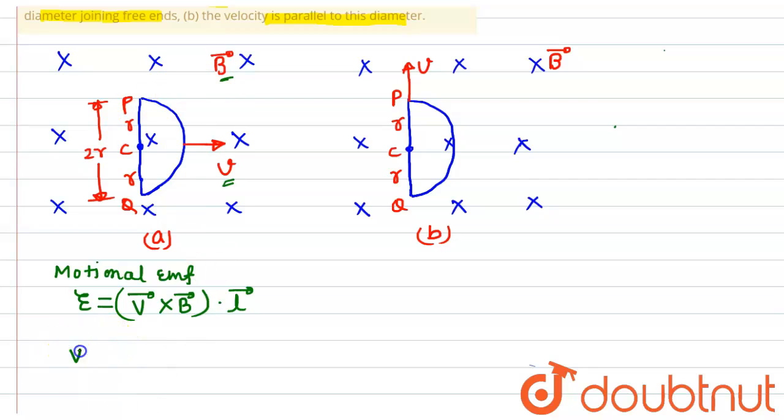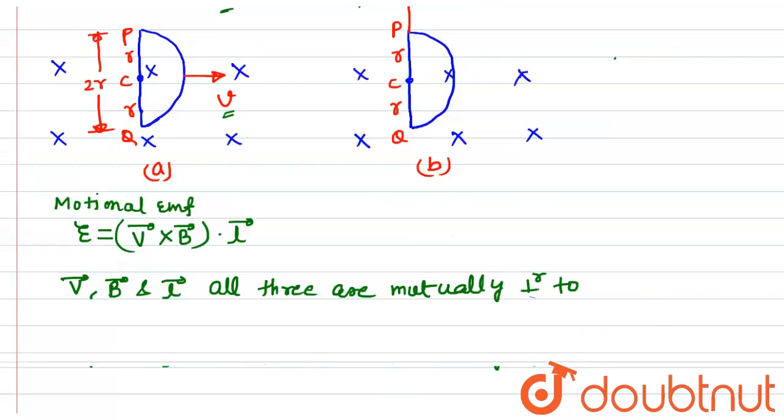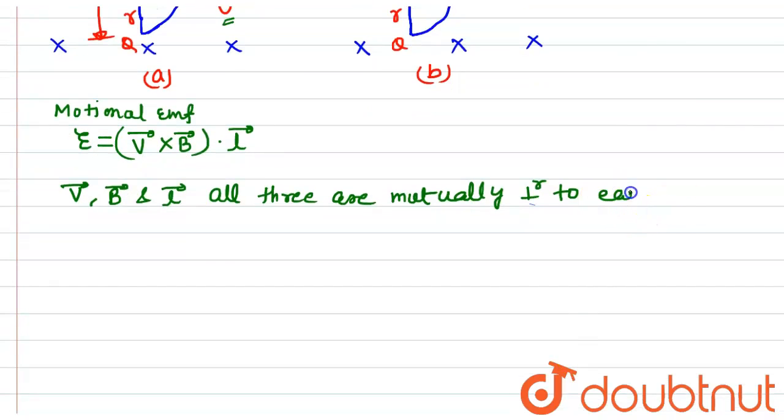So we can see that V, B and L are all mutually perpendicular to each other for the first case.